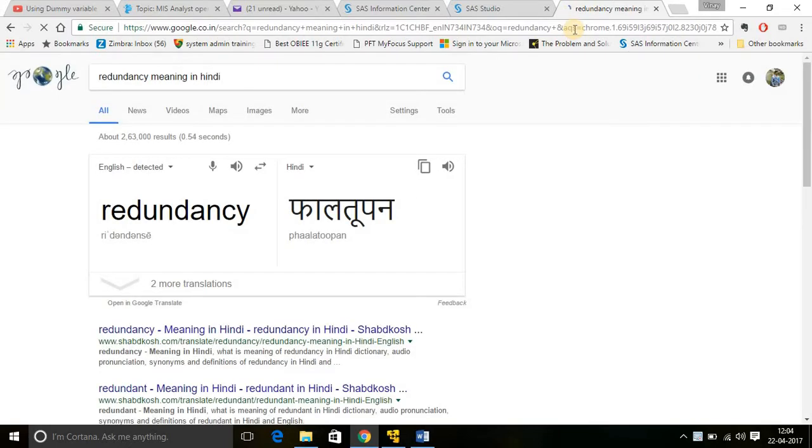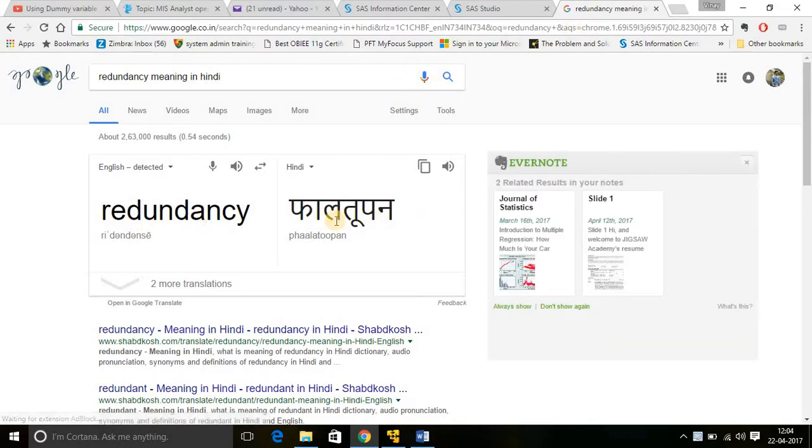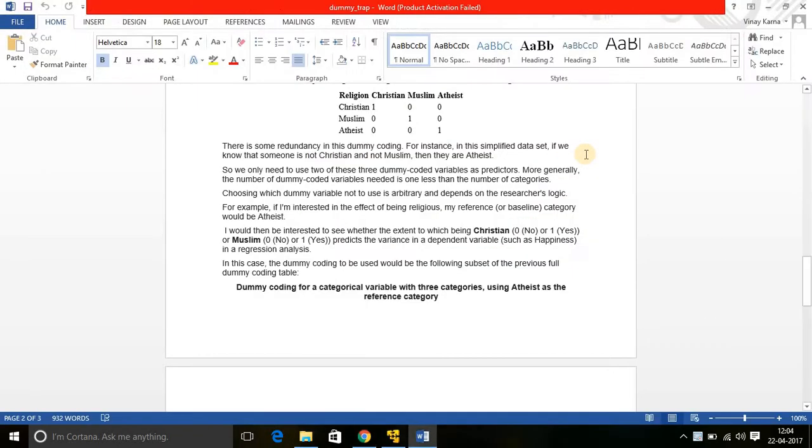Why are we decreasing one dummy variable if there are two categories and only using one? Why n minus 1? In Hindi it is called faltupan, that means unnecessary. So in order to avoid unnecessary data, we avoid extra dummy creation.